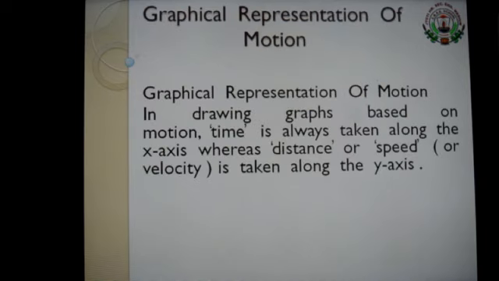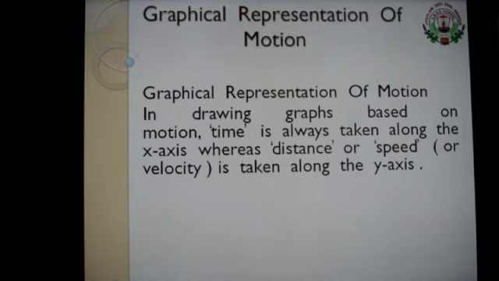A distance time graph means on the x-axis we take the time, whereas distance is taken along the y-axis. When a body moves with uniform speed, it will travel equal distances in equal intervals of time.